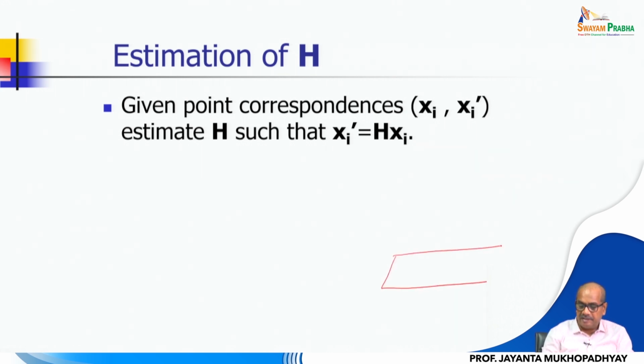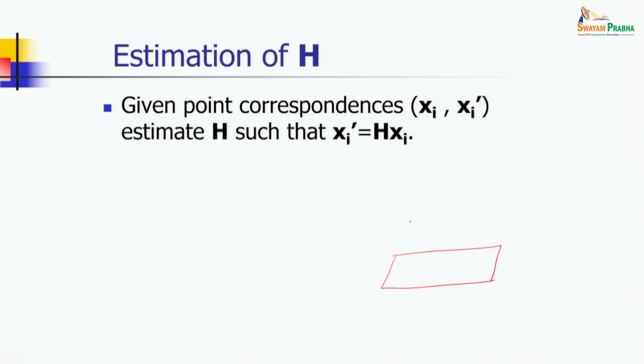Suppose you have a planar scene, and you have two images of the same scene. So there are projections. This is one projective system, one projective space. Say this point X. Similarly, say this is the center of projection. This is Y.